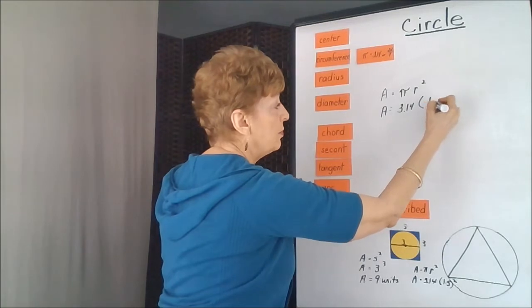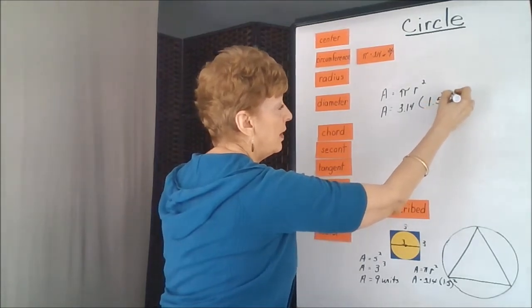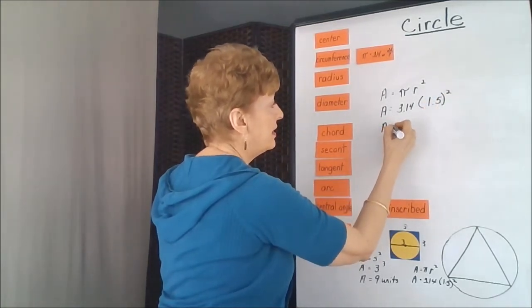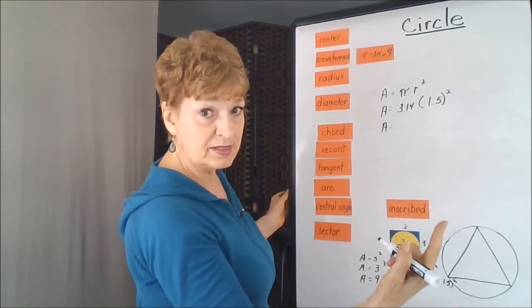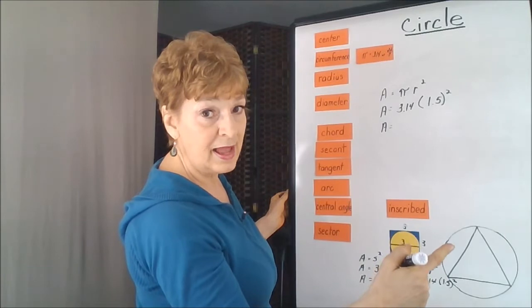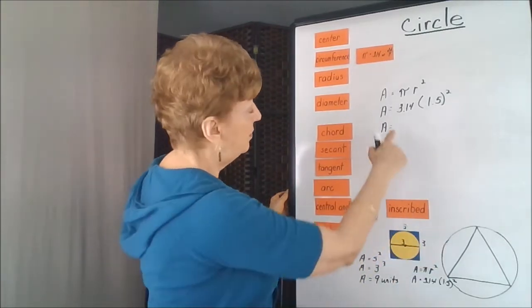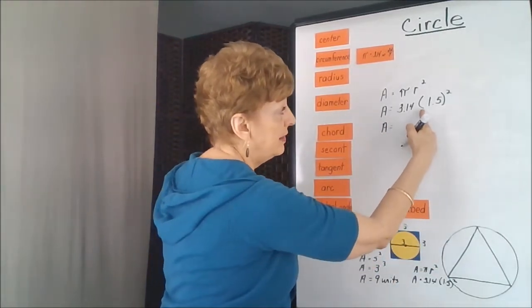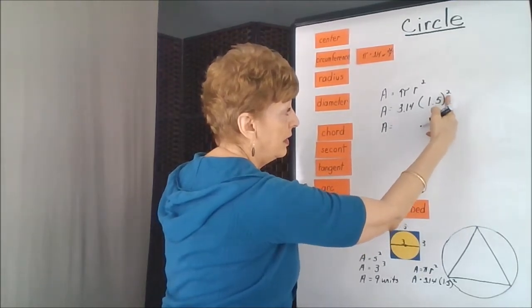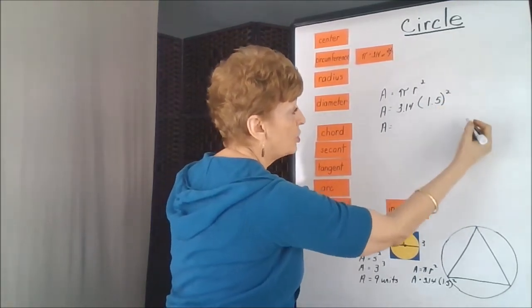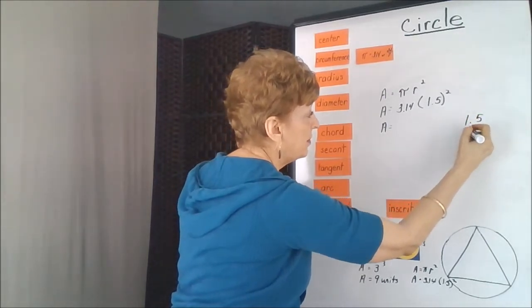So it would be 1.5 squared. I'm going to do this portion first because exponents come before anything else in the order of operations. This parenthesis tells me that it's just a single number, so I can square it. So I'm going to come over here and square it.